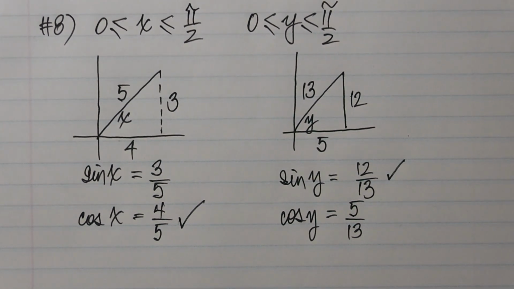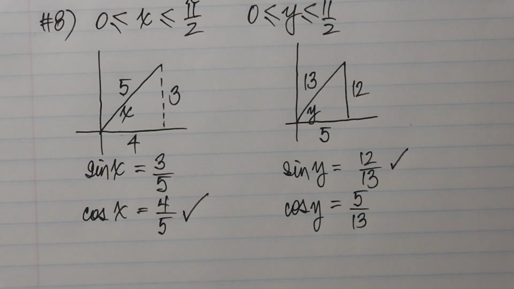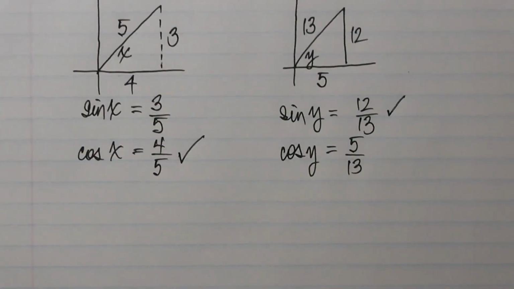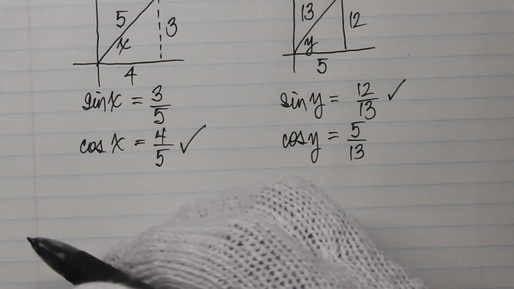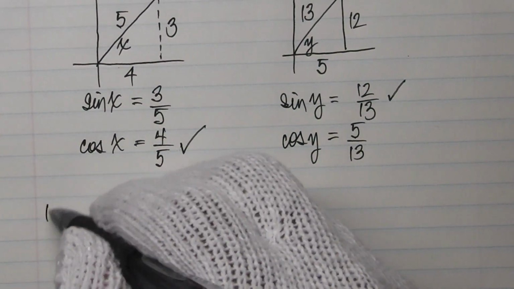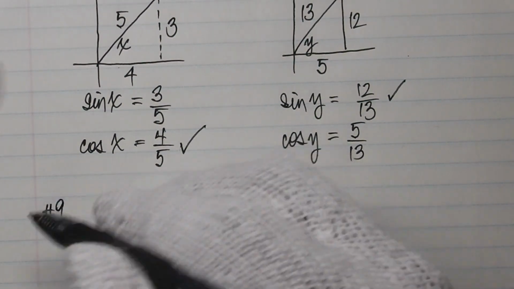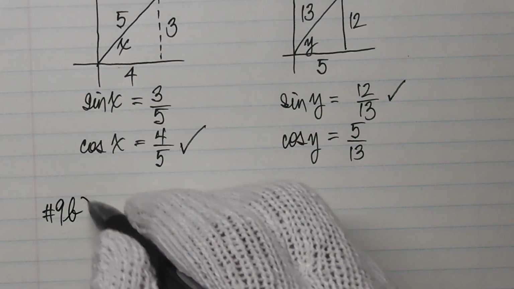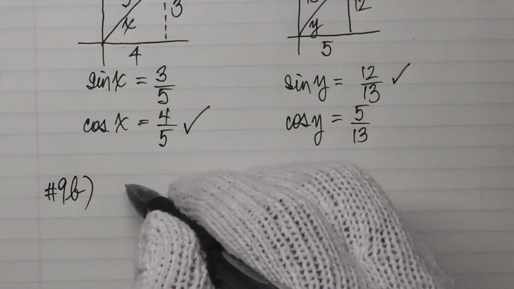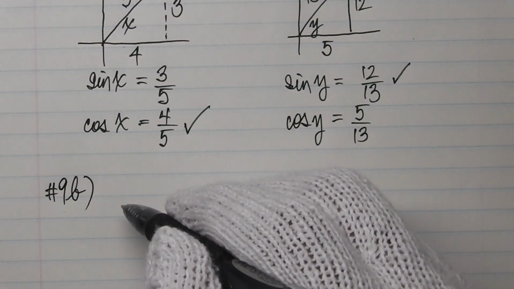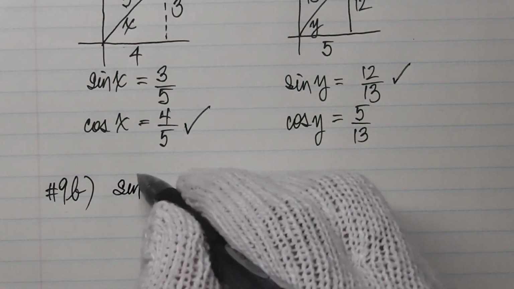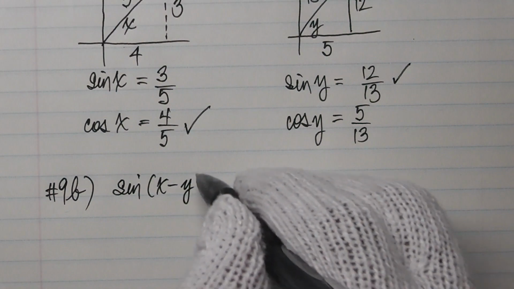The real reason for that is they're going to take you into a couple of situations in question number 9 using the compound angle formulas. So, for example, question number 9b asks you to find, for the same numbers and situation in question 8, sine of x minus y.